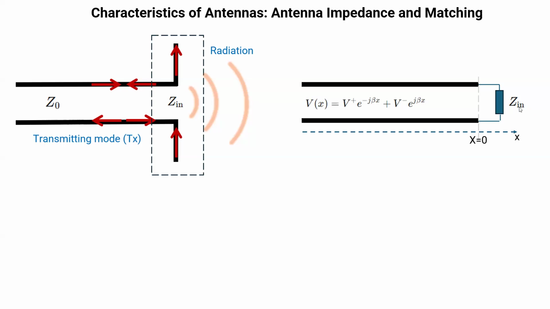I denote it by Z in. This "in" means input, so it's the input impedance of the antenna. This input impedance of the antenna, in general, can be complex, right?